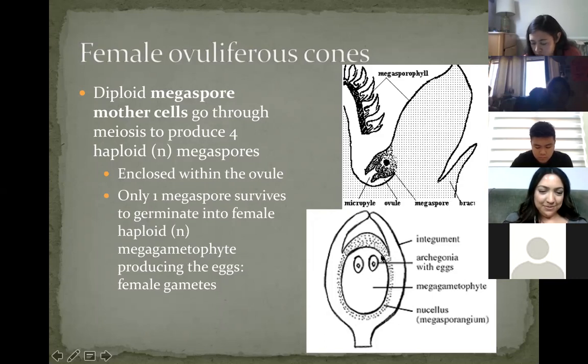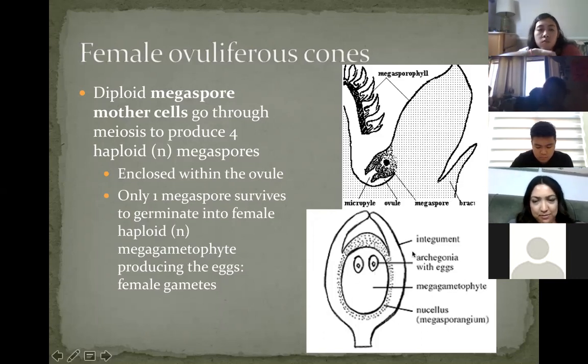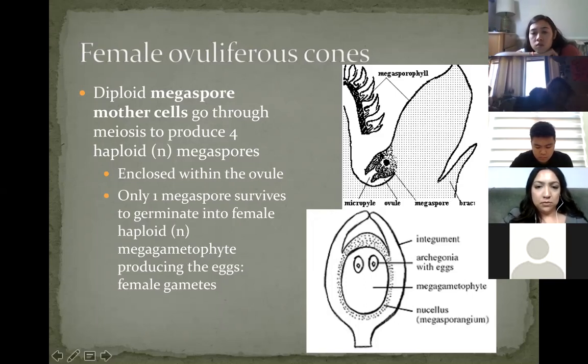Just like the pollen grain produces 2 sperm cells, your archegonia produces 2 eggs as well. But usually only one of the eggs is going to get fertilized, so only one embryo is produced per ovule. So 4 haploid megaspores, only one of them survives to produce your megagametophyte with your 2 eggs.